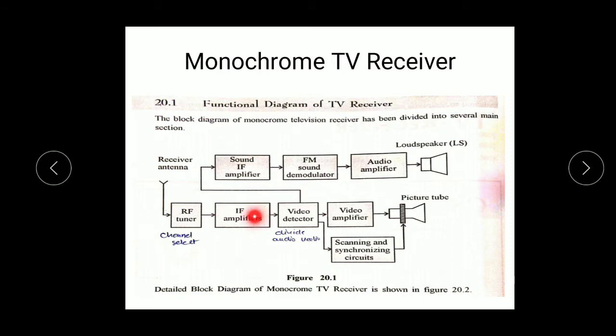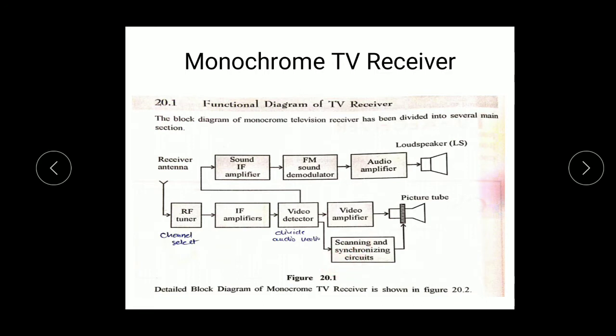After the IF amplifier, the signal is divided into three parts. The first part is the sound signal, the second part is the video signal, and the third part is the deflecting signal, meaning the vertical signal and horizontal signal based on the sawtooth signal.